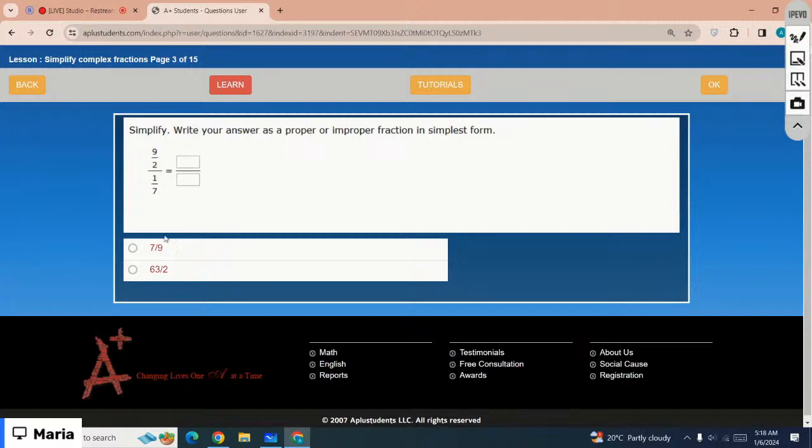Yes, that is 63 over 2. Option number 2 is the correct option.